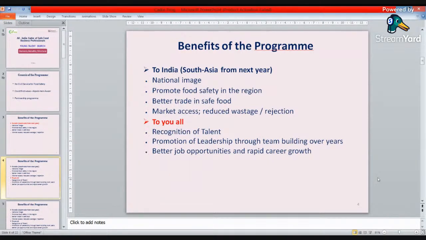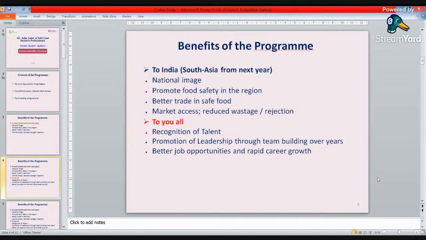We should not always run after government jobs. Government jobs are just 2% of the entire employment in any country for that matter, less than 2%. Most of the employment is in the private sector. And through this program, I'm looking at better opportunities and rapid career growth, because you will be seen as a member of a cadre of safe food business professionals: cadre of 2022, cadre of 2023, cadre of 2024.